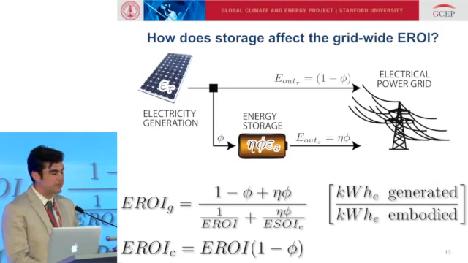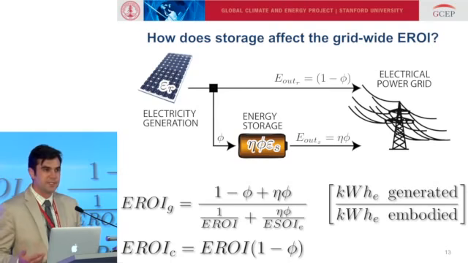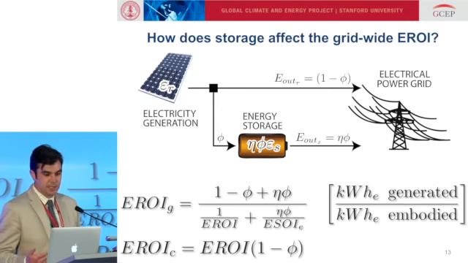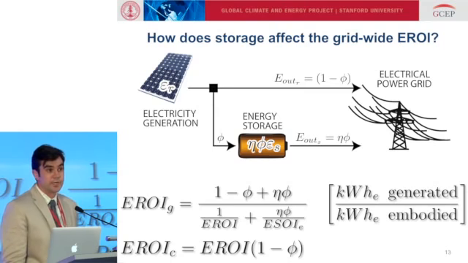So a solar panel here has some energy intensity, some embodied energy, epsilon R, and then it delivers 1 unit of energy to the grid. That energy can go directly to the power, or a fraction of it can pass through storage. So the fraction phi that passes through storage will incur further energetic costs.